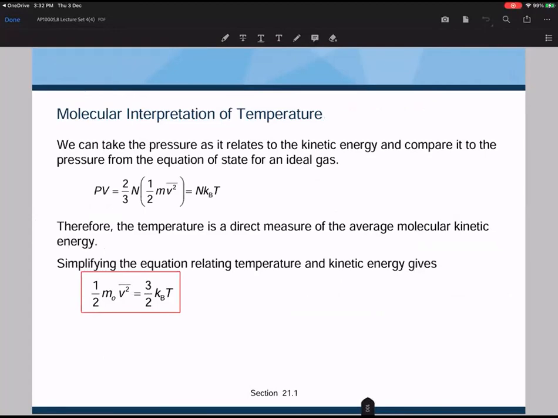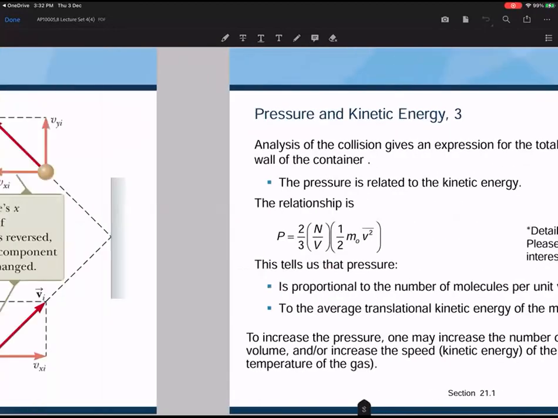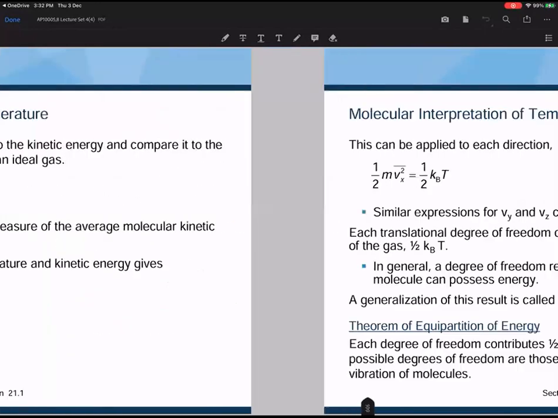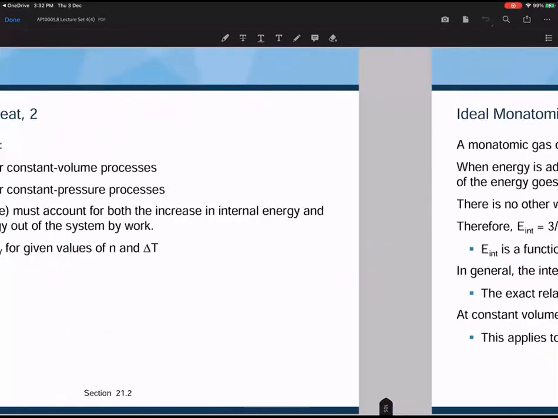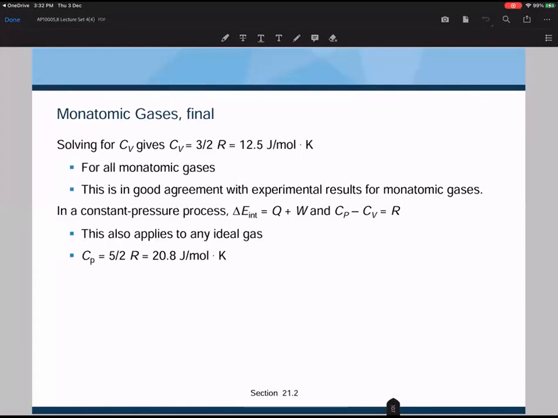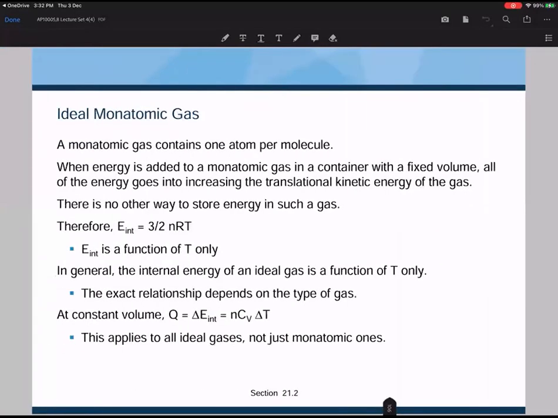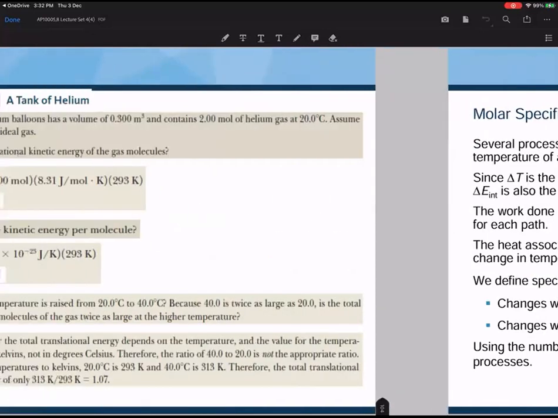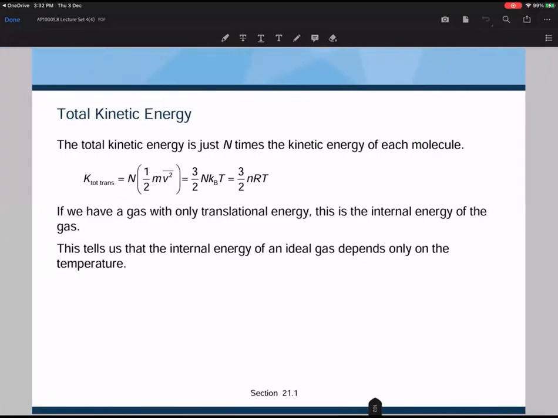So let me see if I could find the slide which would highlight the equation. For the monoatomic gas, the total translational kinetic energy is equal to 3/2 nRT. And the monoatomic gases can be considered to contain only translational kinetic energy.